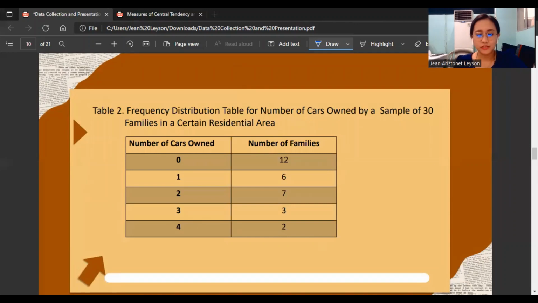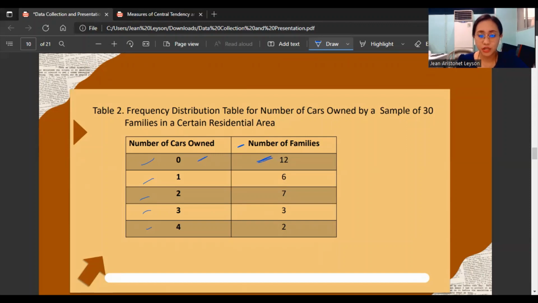Table 2, this is an FDT for the number of cars owned by a sample of 30 families in a certain residential area. In the first column, we are given the number of cars owned by each family. It can be 0, 1, 2, 3, and 4. And in the second column, we are given the number of families. So if we analyze the table, there are 12 families with no car owned.